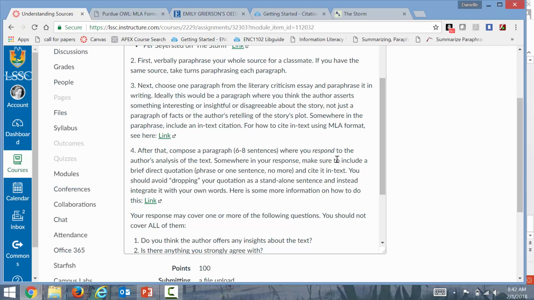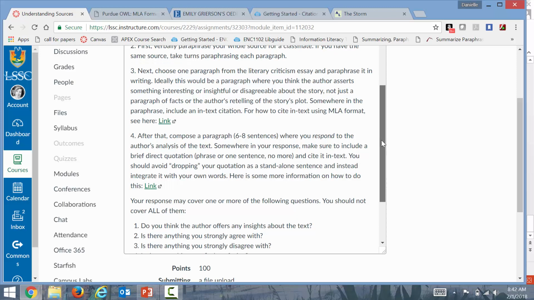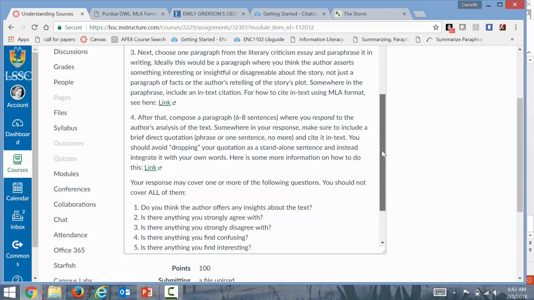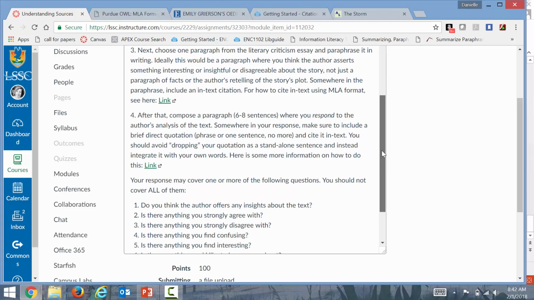And then you tell me, what is your response to that? Do you agree? Do you disagree? Do you think that there are parts you agree with and parts you disagree with? Do you find it disturbing that the author comes up with this? Do you think that the author is reaching? So when I say response, that's what I mean. What are your thoughts or feelings about what the author said?